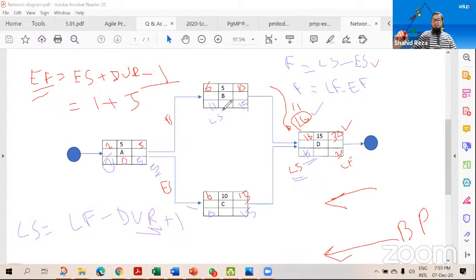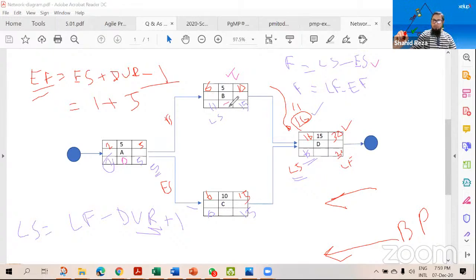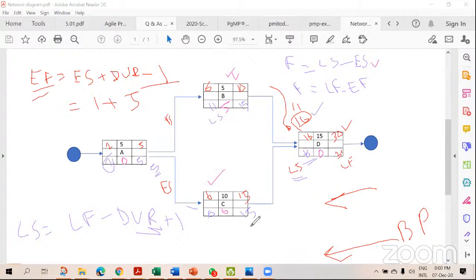For this task, can anyone say what will be the float? 11 minus 6 equal to 5, or 15 minus 10 equal to 5. The same result will come. And for this, 0, right? 30 minus 30, 0, or 16 minus 16, 0. For this task, 15 minus 15, 0, 6 minus 6, 0. Anyone you can use. So 6 minus 6, 0, and 15 minus 15, 0.